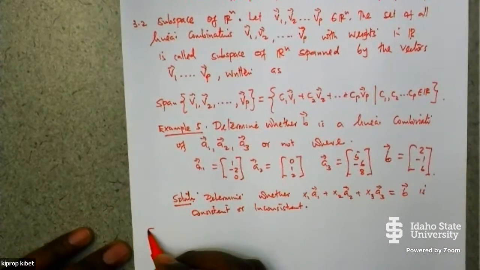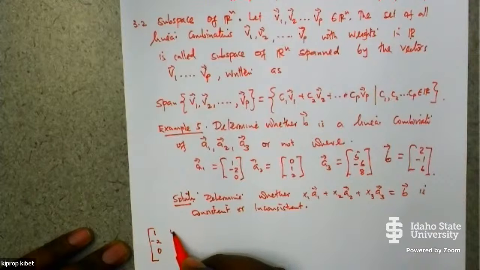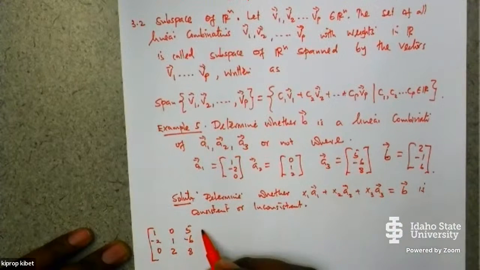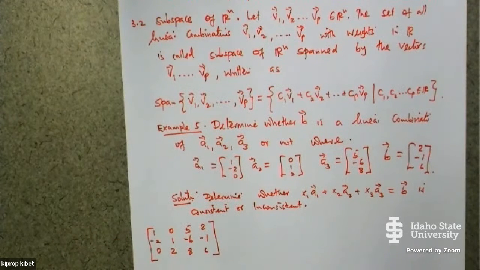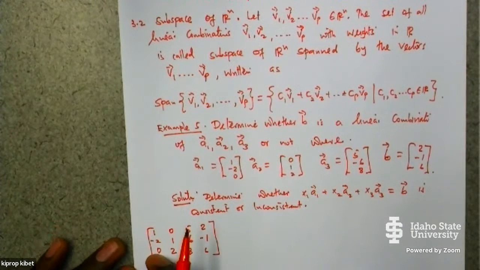In augmented matrix form it will be 1, -2, 0, then 0, 1, 2, then 5, -6, 8, and then 2, -1, and 6. Then we now reduce.